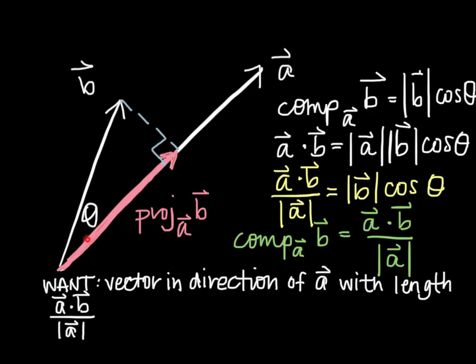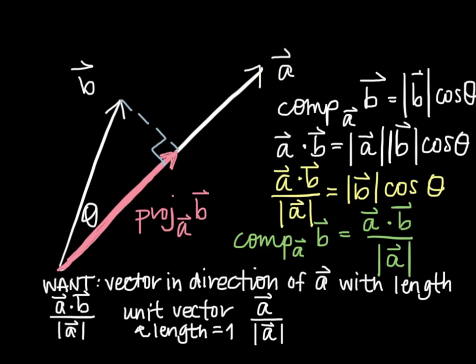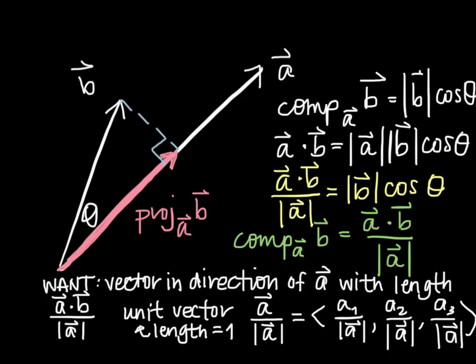Well, now I need a unit vector, which is a vector that is length 1 pointing in the direction of A. The way to calculate that easily is to take A and divide it by its magnitude. Now, a lot of people don't believe me, but just for a moment, think about this. The length down here is a scalar, so this vector is really equal to this.